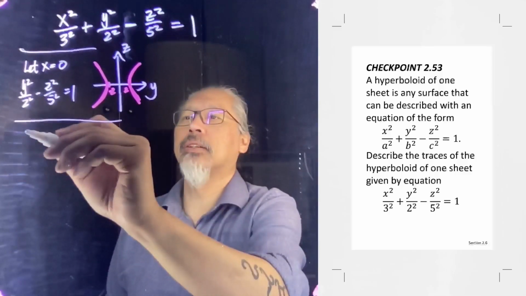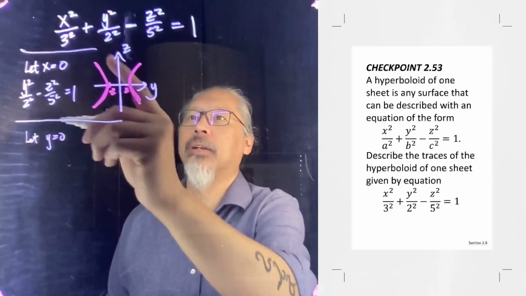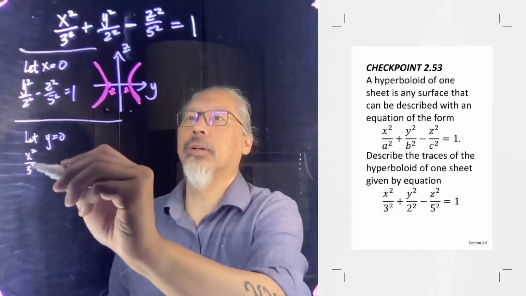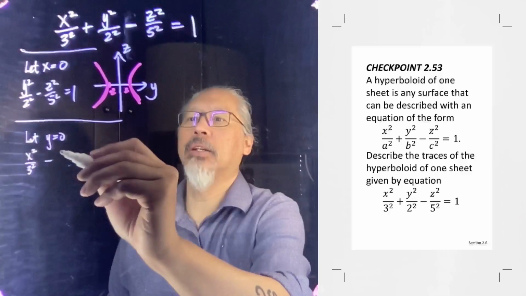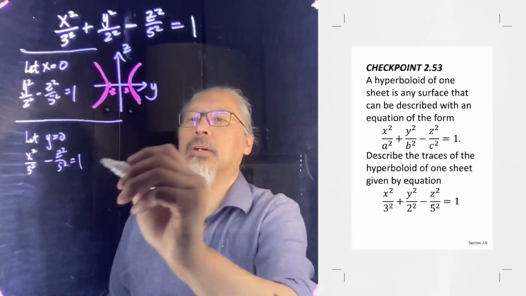Let's this time let y equal to 0. Then we're going to have x squared over 3 squared plus 0 minus z squared over 5 squared is equal to 1.